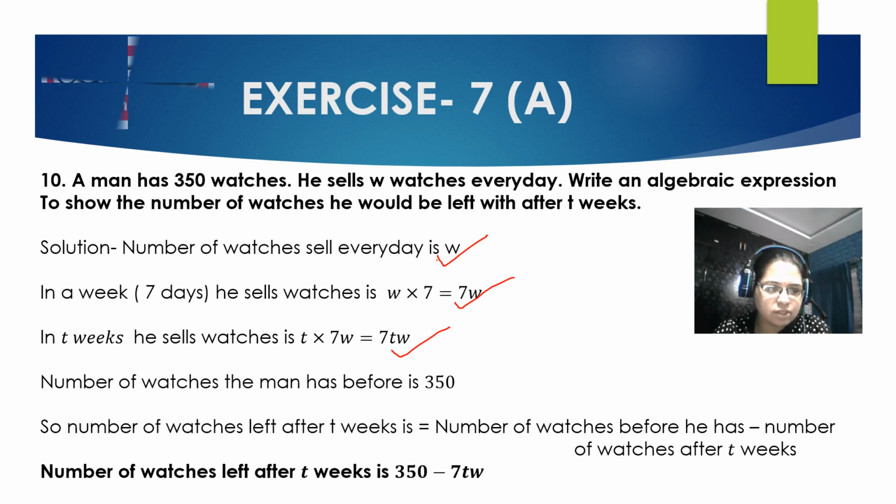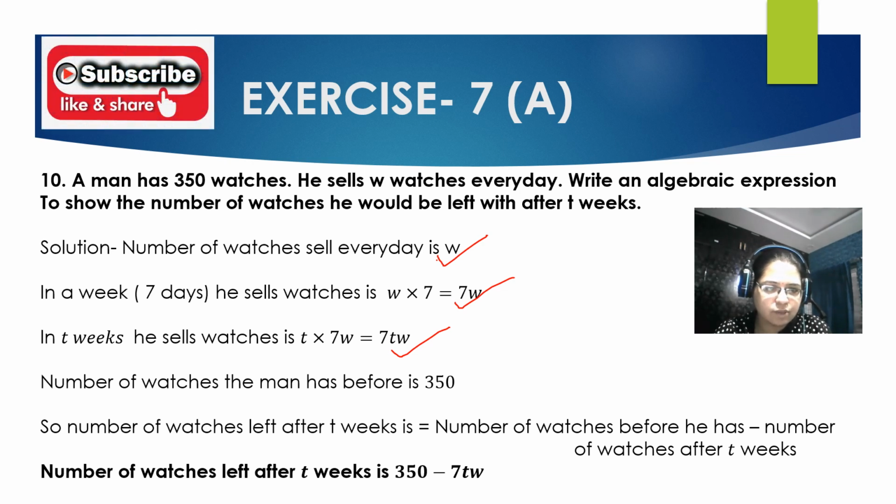The number of watches the man has before is given as 350. So the number of watches left after t weeks is the number of watches he has before, minus the number of watches he sells in t weeks.